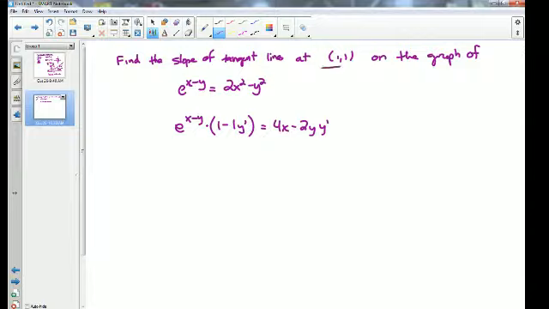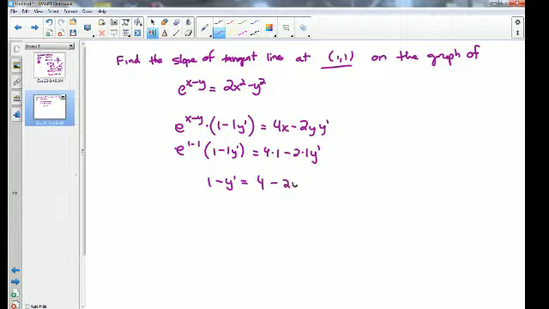So plug in e to the 1 minus 1. Does that look a little easier to solve for y prime? Yes, I agree. Hopefully you do too. E to the 1 minus 1 is 1. Right, that's 1. Now we have 4 minus 2 y prime.